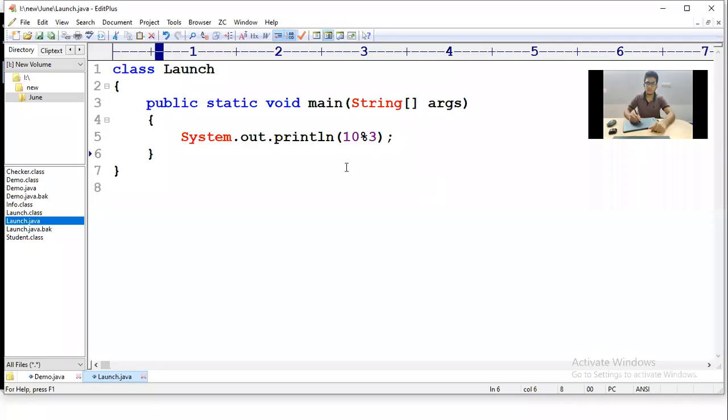Now, this is enough. Now we'll see some more things about the mod operator. What if a question is asked like this? What you have seen is type 1.